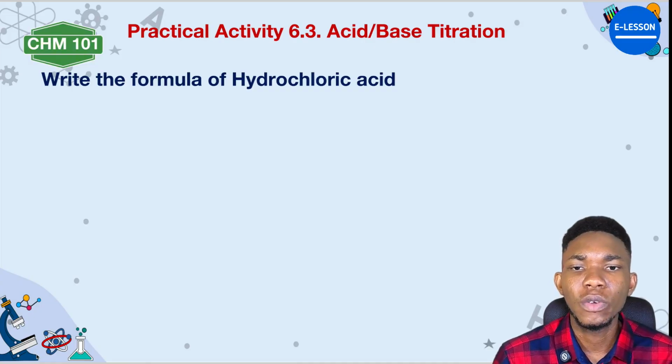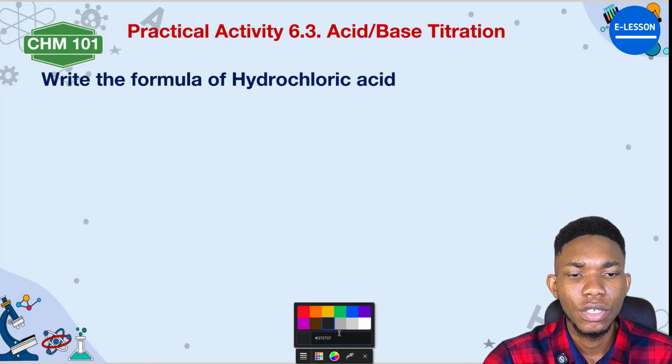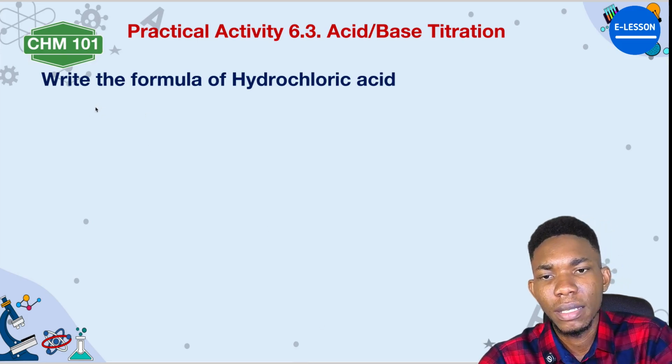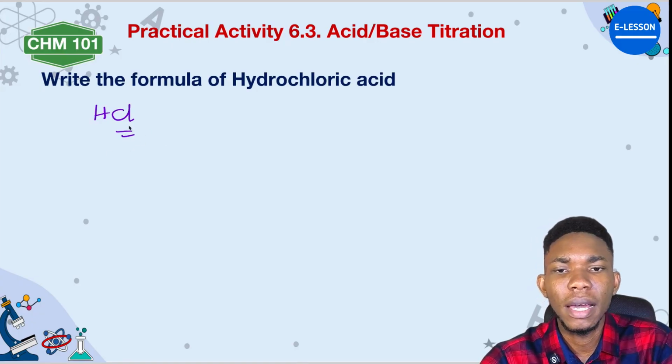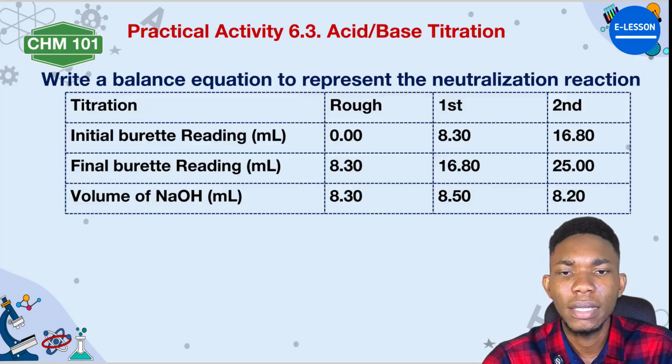The first question says you should write the formula of hydrochloric acid. Of course, the formula of hydrochloric acid is HCl, capital letter C. This is the formula of hydrochloric acid.